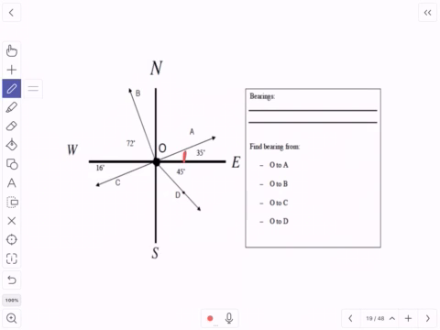Now bearings are all about the position of an angle. Now if I'm looking at north of this 35 and 72, whenever we look at describing bearings, whatever the main direction is, meaning the axis that the angle is touching, so you have the north axis, the east axis, the south axis, and the west axis, that will go last.